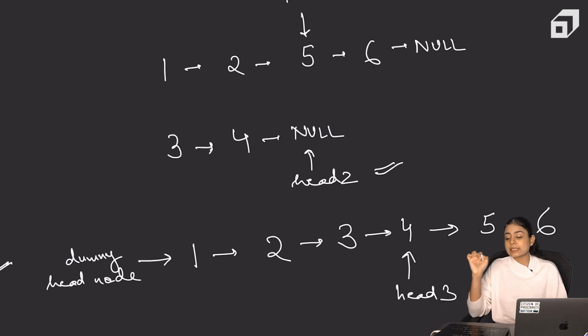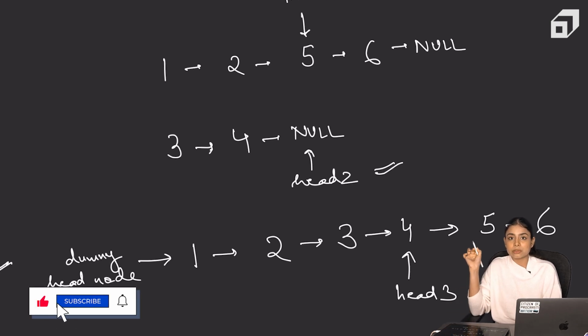What I'm basically saying is, if out of head 1 and head 2 any pointer becomes null, we know that that linked list has ended there. So in front of head 3, which is keeping track of the combined linked list, we'll just put the other linked list which has not ended yet. So here head 1 linked list had not ended, so we'll just put head 1 in front of head 3.